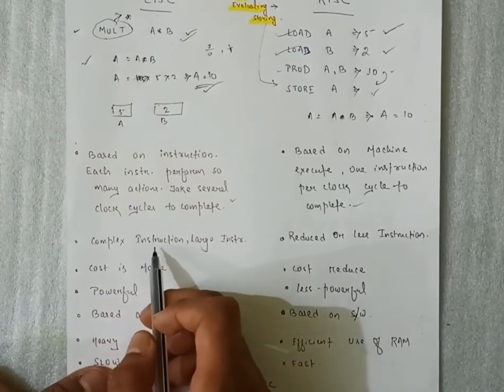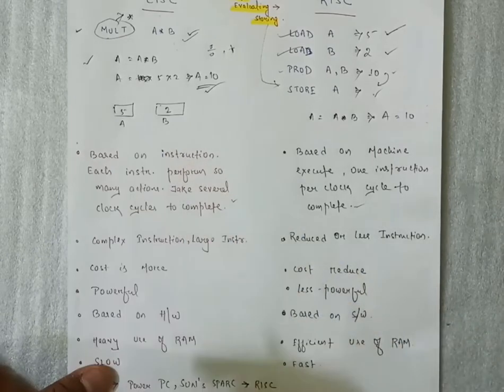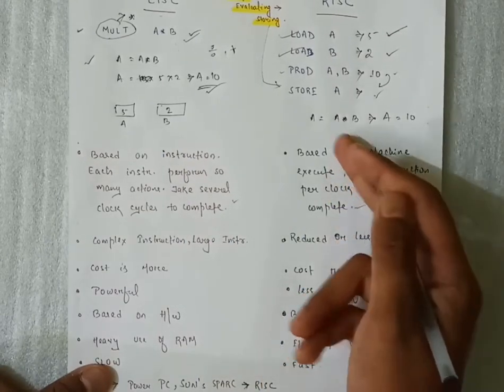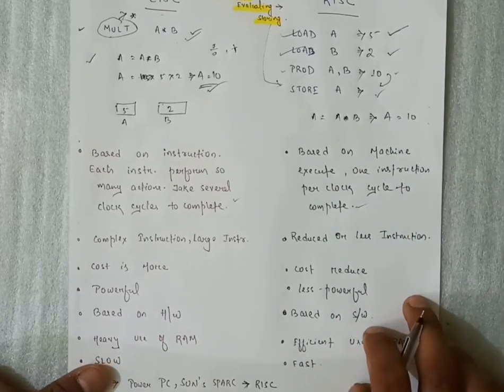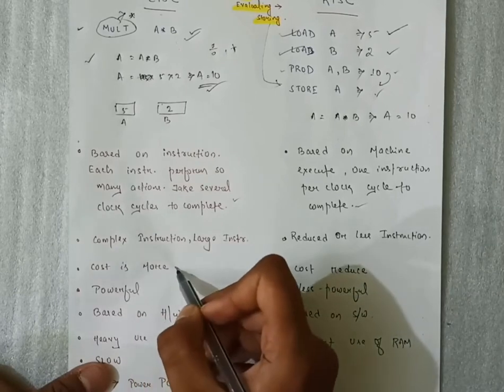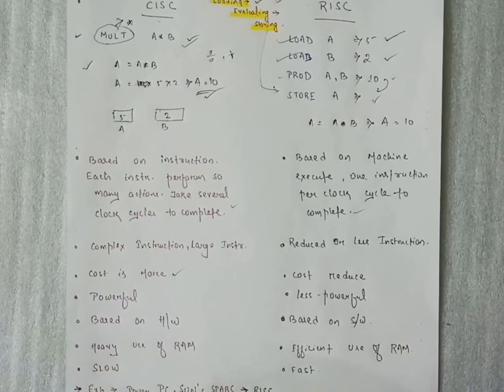complex instruction, as I told already, CISC does large or complex instructions. The reduced or fewer instructions are performed by RISC. CISC is actually based on the hardware. RISC is based on the software. As I told, with much complexity of the code, the cost will be more.